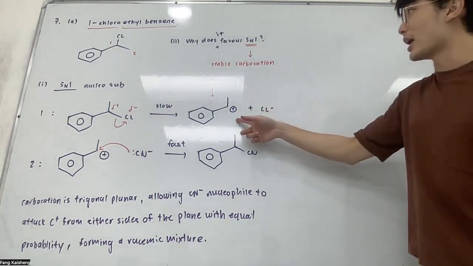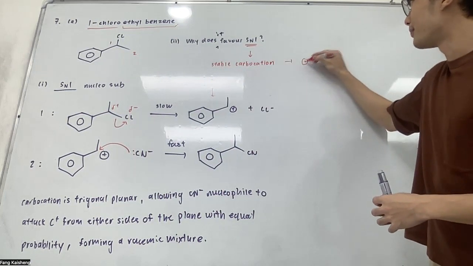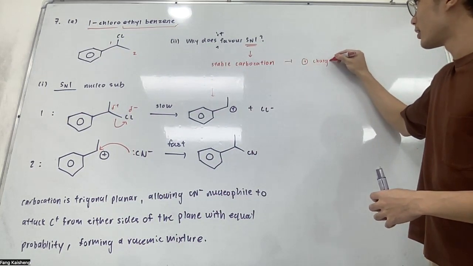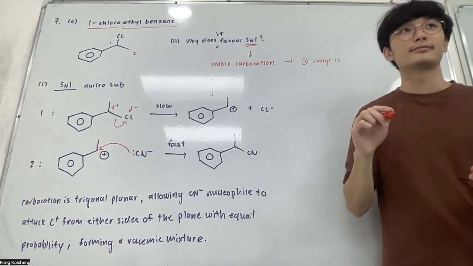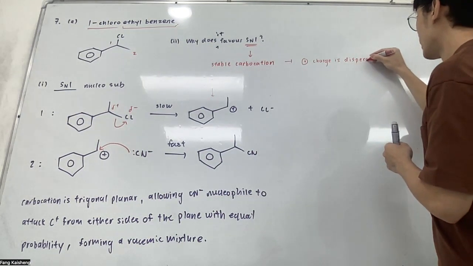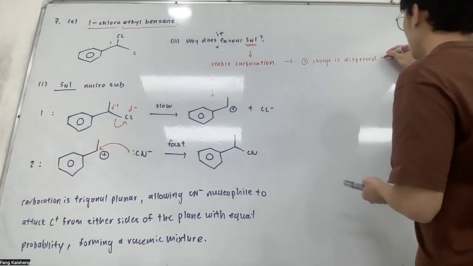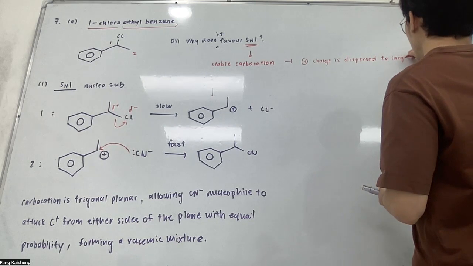If this carbocation is very stable, it implies its positive charge is what? The keyword here is dispersed. If it's stable, it means the charge is dispersed to a very large extent. Good.